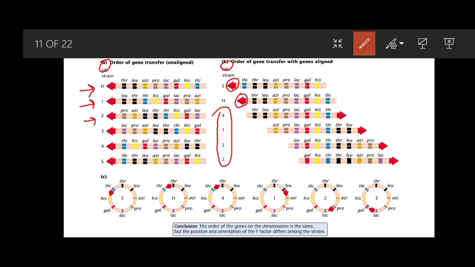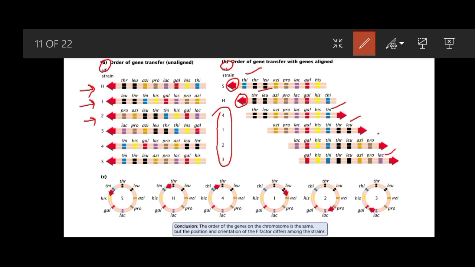In the case of strain 5, it is thymine. In the case of strain H, it is threonine, and similarly in strain 4, it is thymine. In the case of strain 1, it is leucine. In the case of strain 2, it is proline, and in the case of strain 3, it is lac gene.